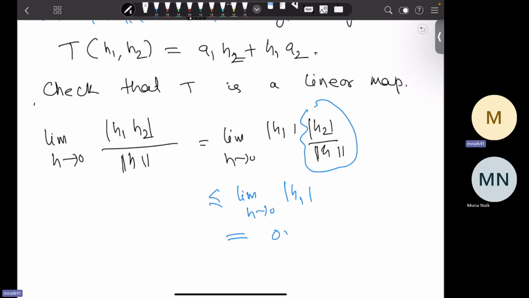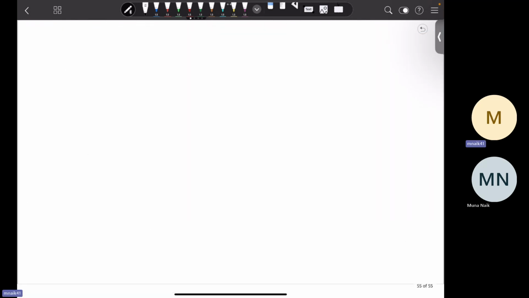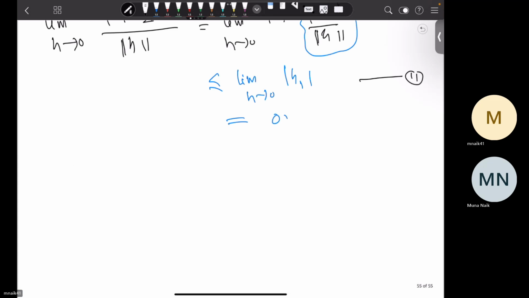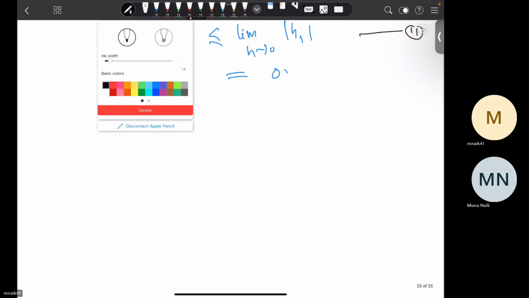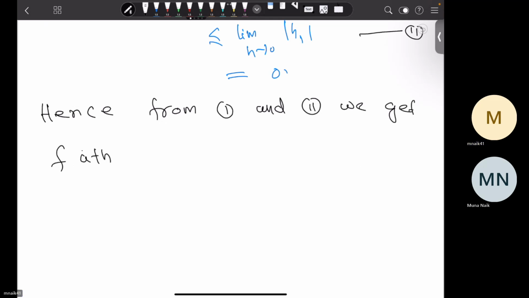So call this as 1 and call this as 2. So hence from 1 and 2, we get that f of a plus h is equal to f of a plus T of h plus little o of h.